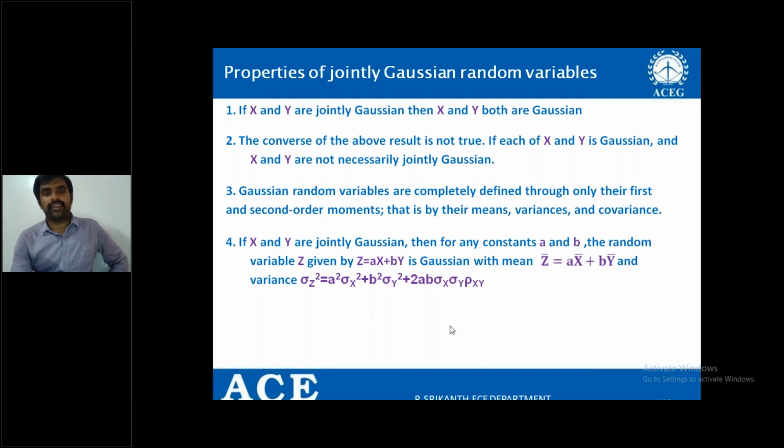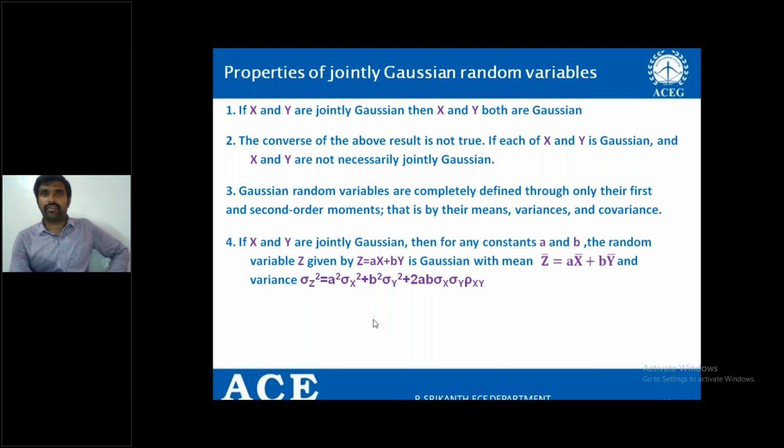It can also be proved. But here you need to remember that if the two random variables are jointly Gaussian, then the linear sum of the random variables is also a Gaussian with the given mean and variance like this.